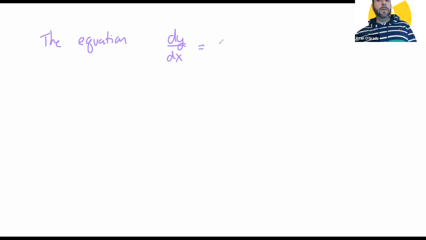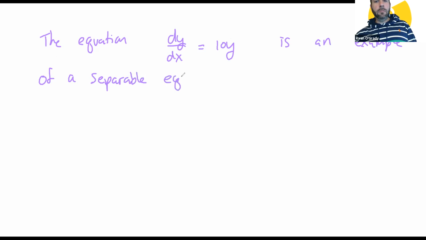So the equation that we started with, dy dx equals 10y, is an example of what we call a separable equation. And we'll see why in a second.